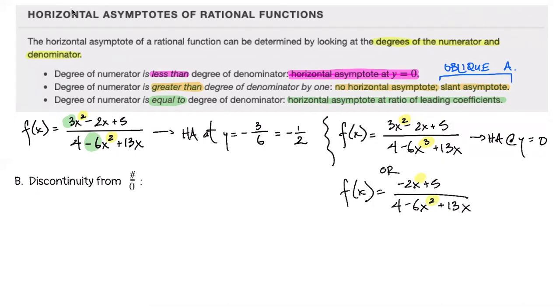And those are both ways in which we could suggest that this graph have a horizontal asymptote at y equals 0. Now, if we did what was initially suggested, which is change the power on the top to a 3, that would give us the orange case because the power on the top is larger than the power on the bottom.